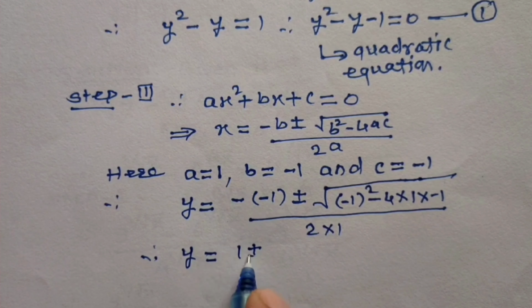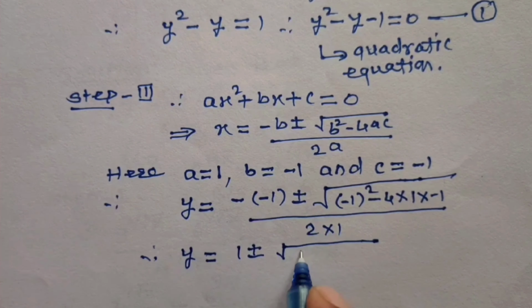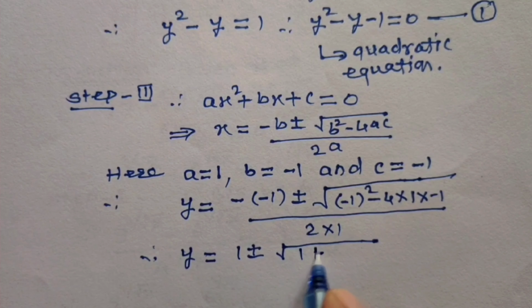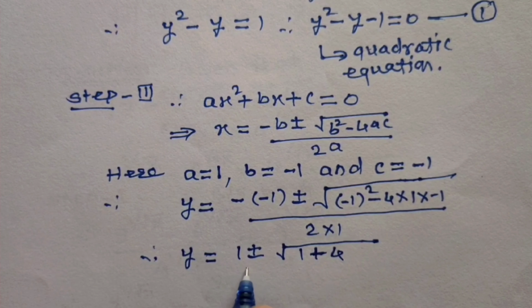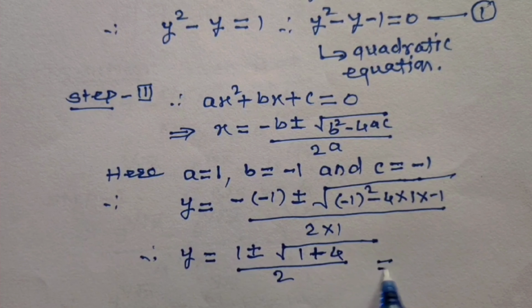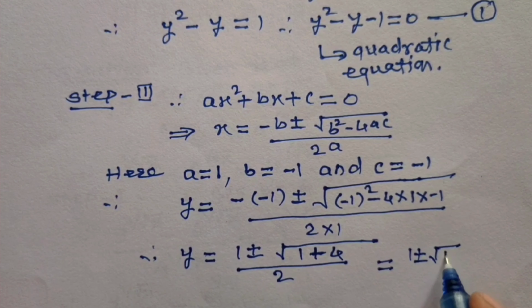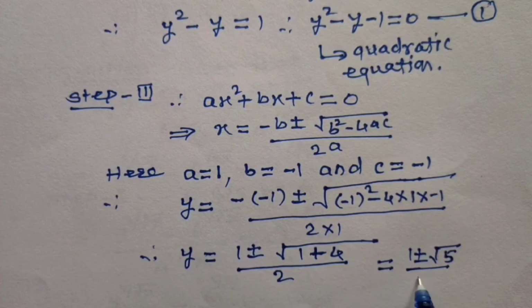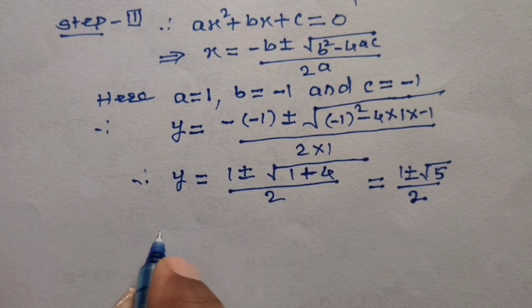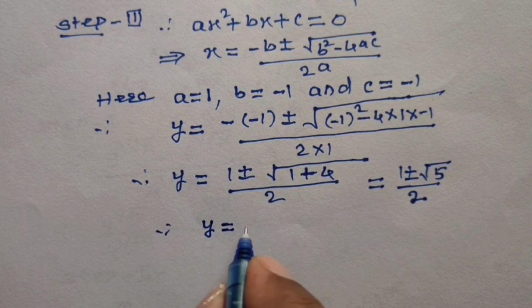Hence, simplifying the right hand side, y becomes 1 plus or minus square root of 1 plus 4 whole divided by 2 into 1, which is 2, and so y is equal to 1 plus or minus square root of 5 divided by 2. Means there are two values of y.